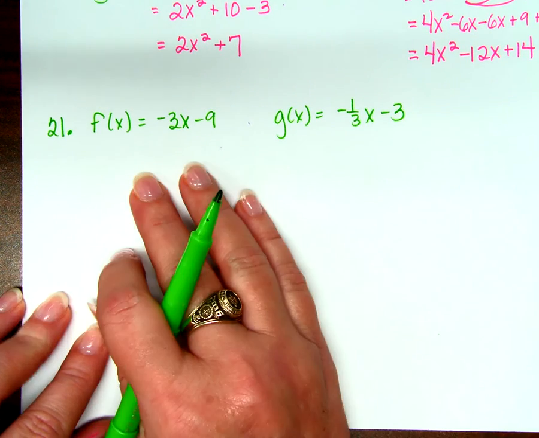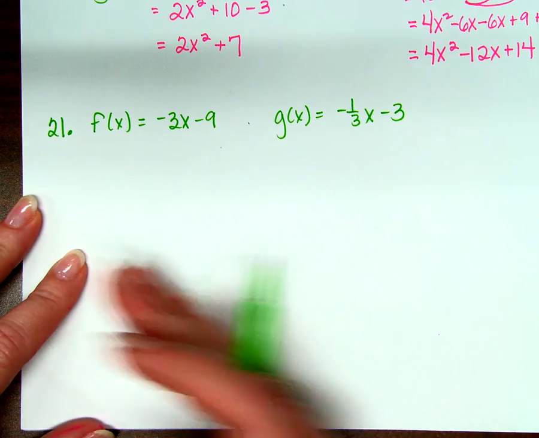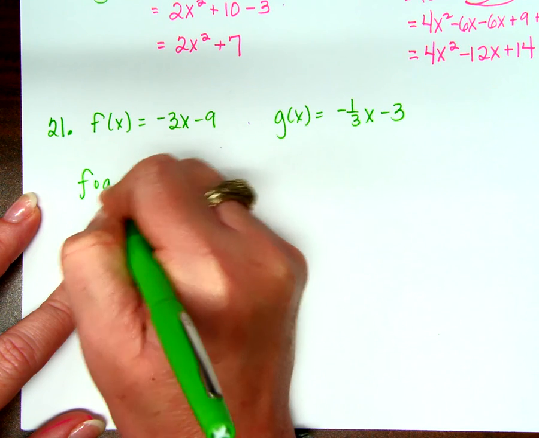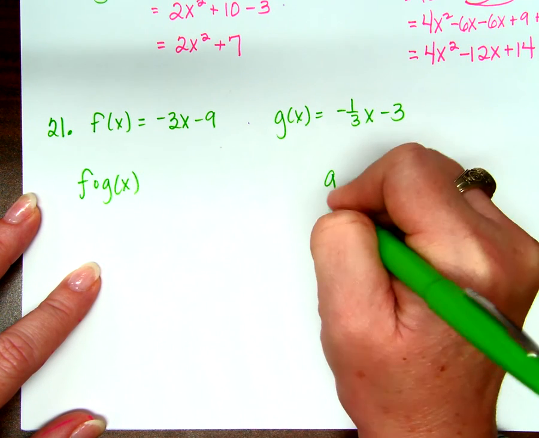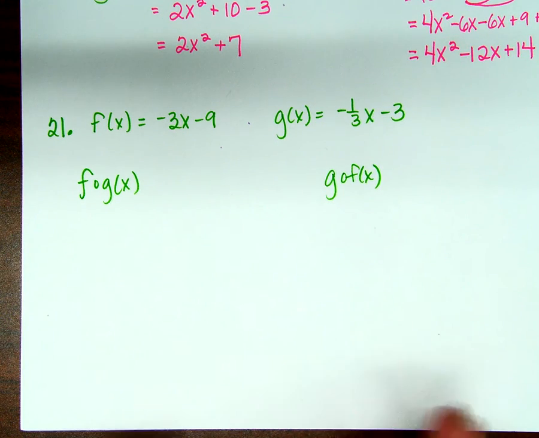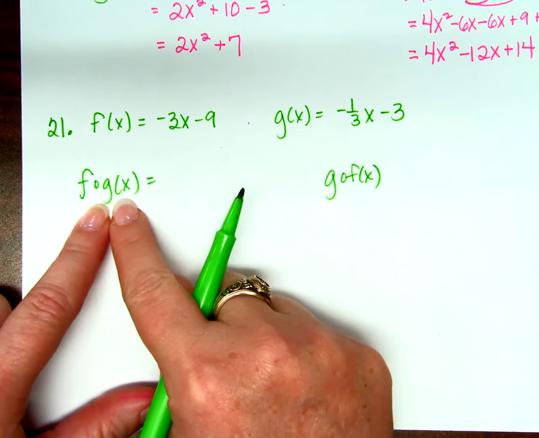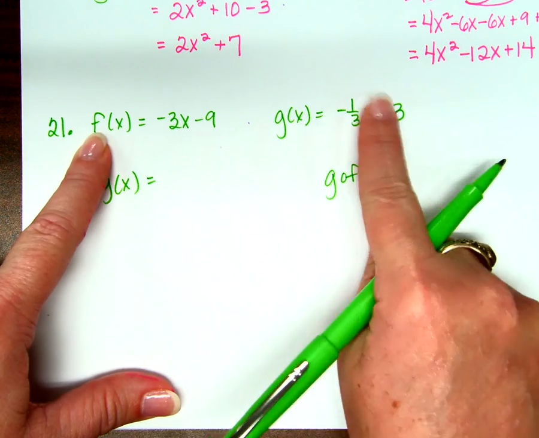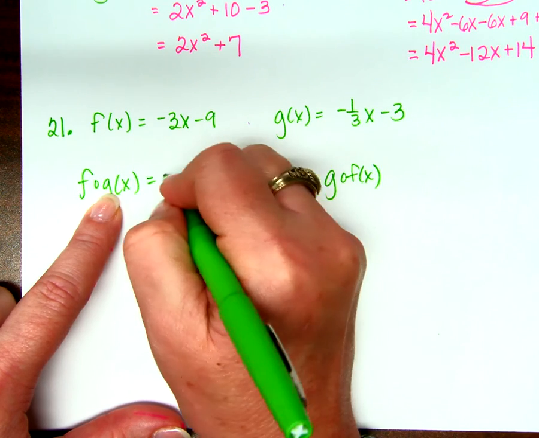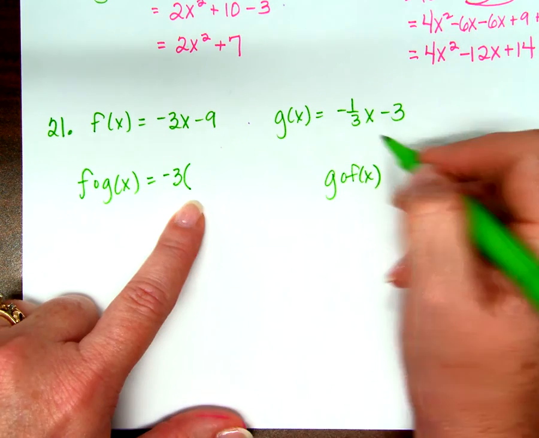So instead, to verify that things are inverses, we're going to do fog and Goff. And you're going to see what you need to see. If I do fog, that means I'm starting with f and I'm substituting in g. So I say negative 3 times.